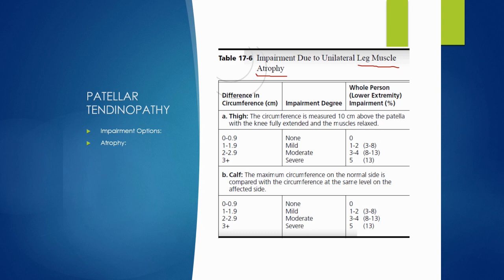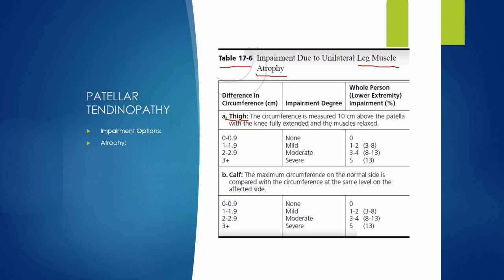And over time, this is going to cause atrophy of the affected quadriceps muscle. So when you are able to identify atrophy of the quadriceps muscle, then Table 17.6 provides for permanent impairment ratings due to loss of size of the quadriceps muscles.